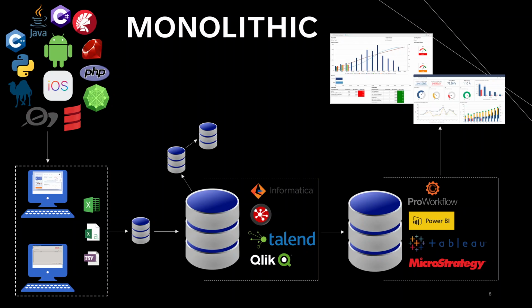Now, this whole setup which you see is called monolithic. We'll discuss what exactly monolithic means in the next few slides. But this whole structure of using proprietary tools to do this kind of analytics was considered a traditional system, or you can say monolithic, with large servers.